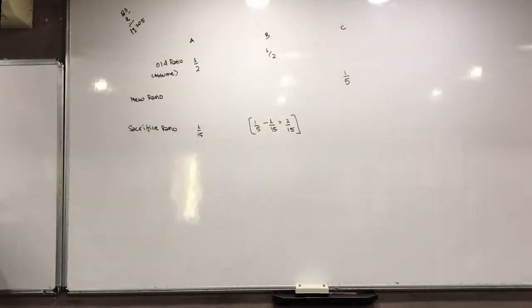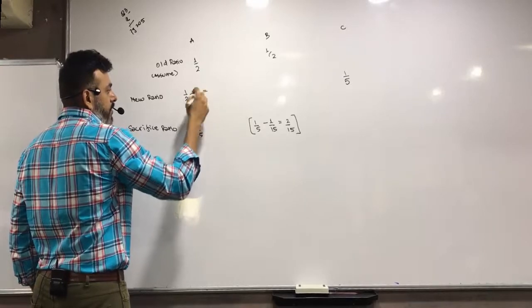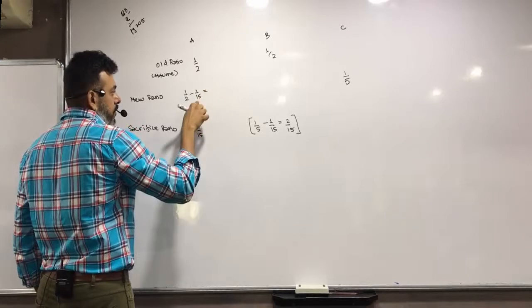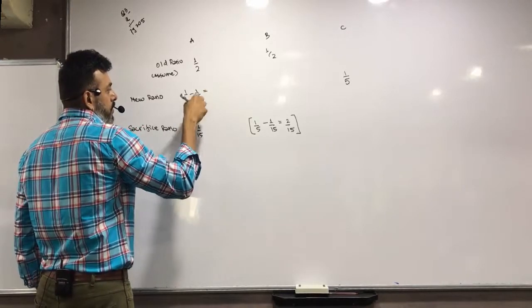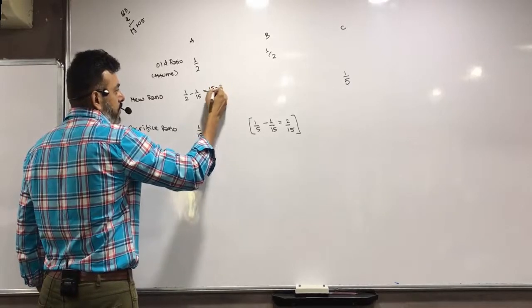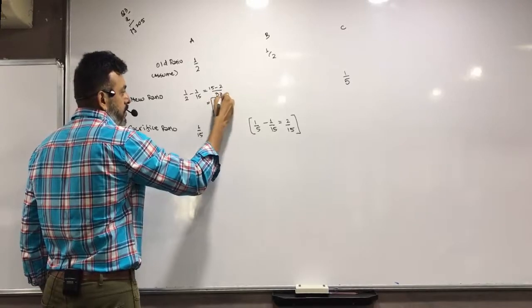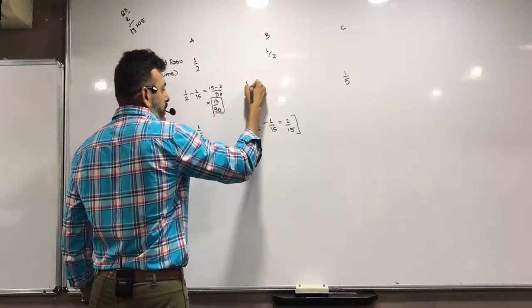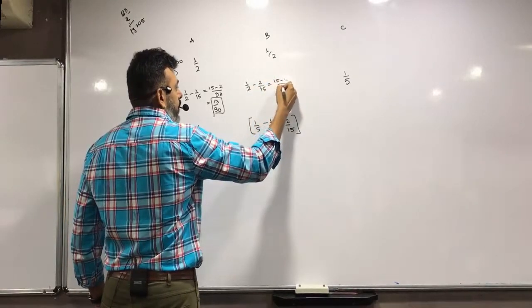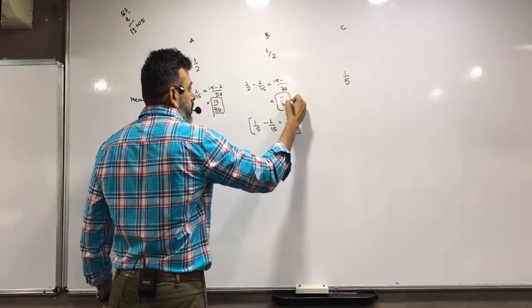Do it. 1/2 minus 1/15. Cross multiply. Because 15 and 2, 15 minus 2 upon 30, 13/30. 1/2 minus 2/15. 15 minus 4/30, 11/30.